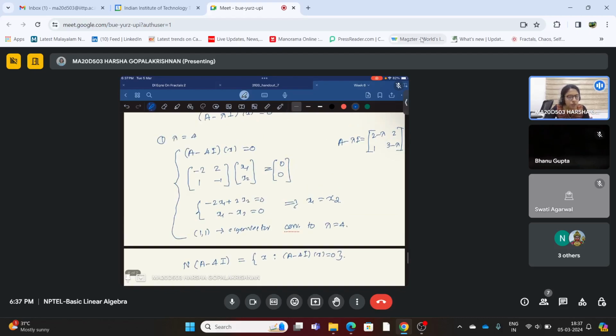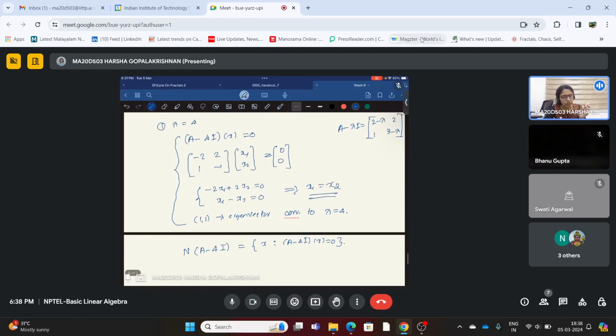So that is what we have found here. What should be the x? We got x1 equal to x2. So if we give the value 1 to x2, then x1 should also equal 1. So (1, 1) belongs to the null space of A minus 4I.